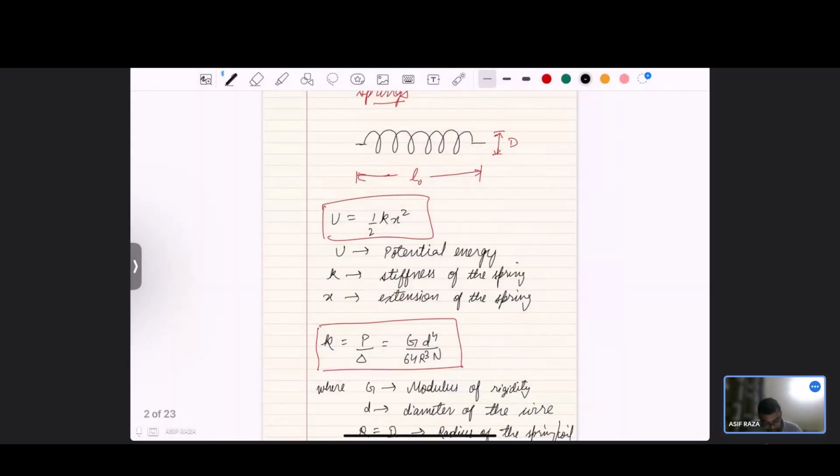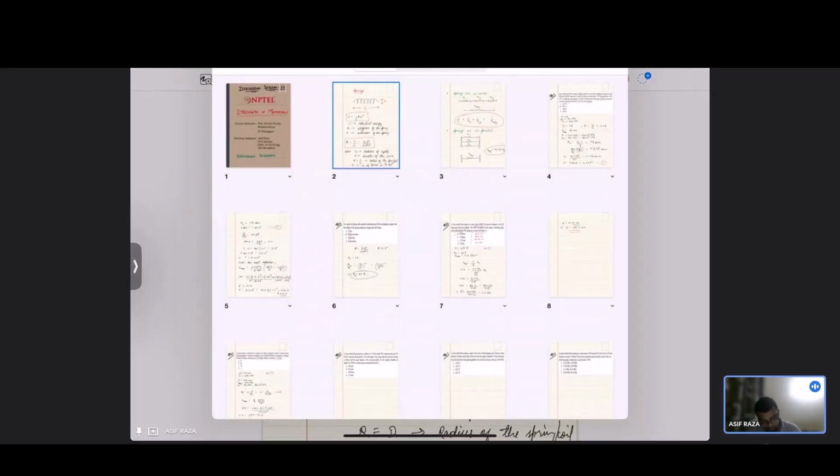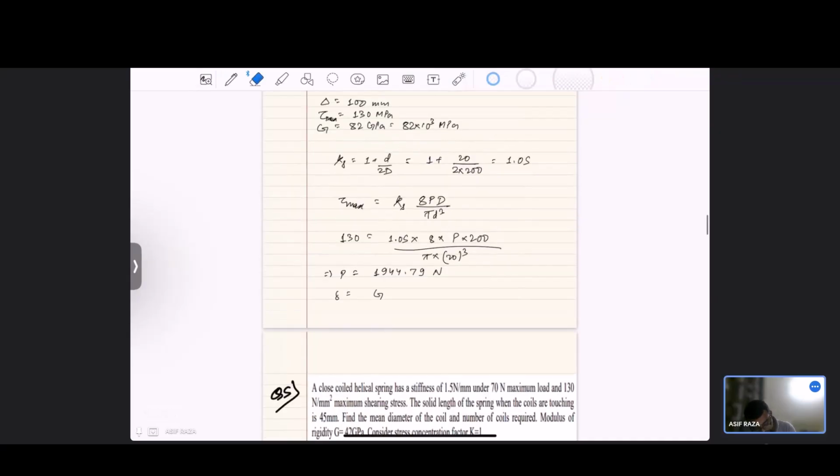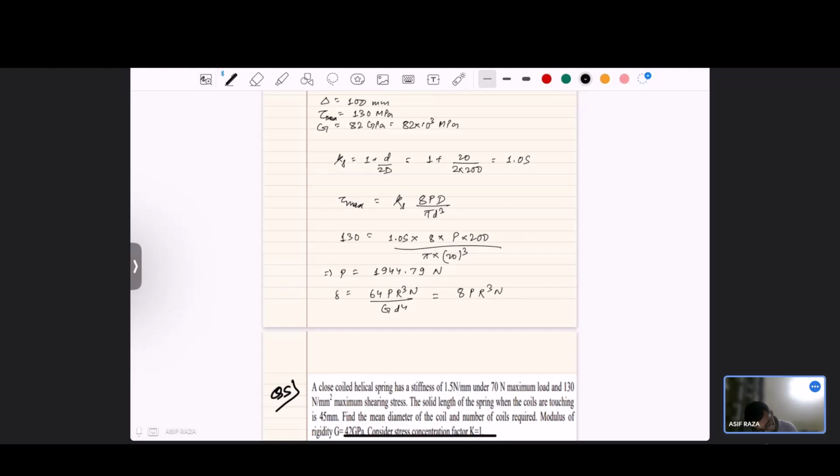The deflection would be equal to what? 64 PR cube N upon GD4. That is equal to, if I write it in terms of d by 2, so this will be 8 P D cube N upon GD4.